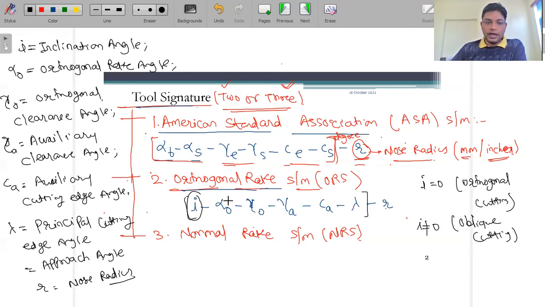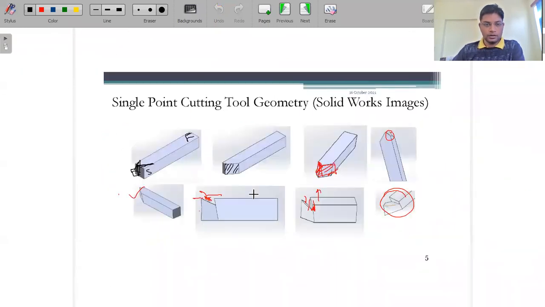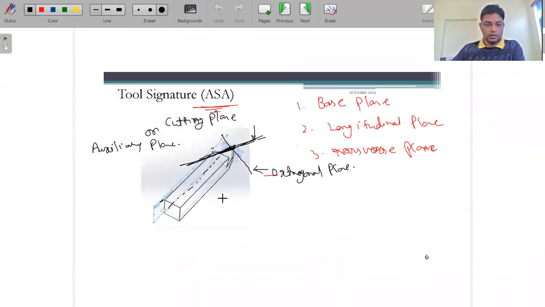Fine. Now the angle which is measured with this orthogonal plane, over the tool face. Over this is the orthogonal plane, and with respect to that we are measuring at some angle.